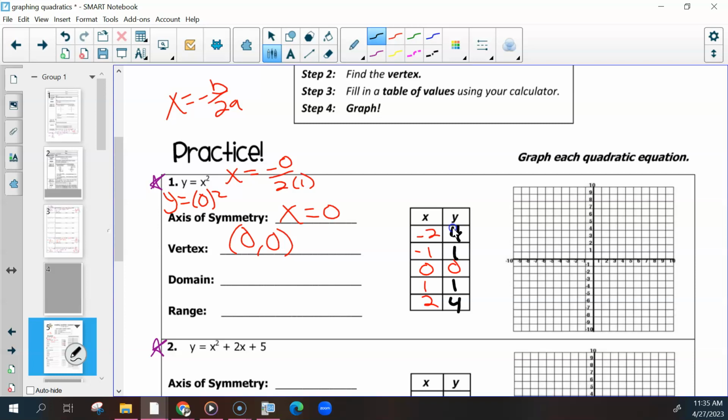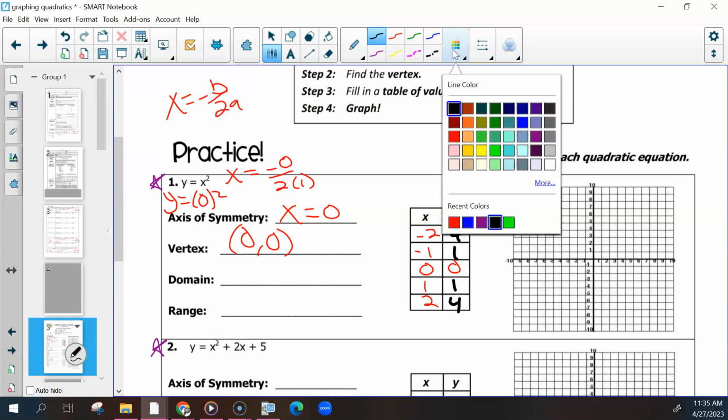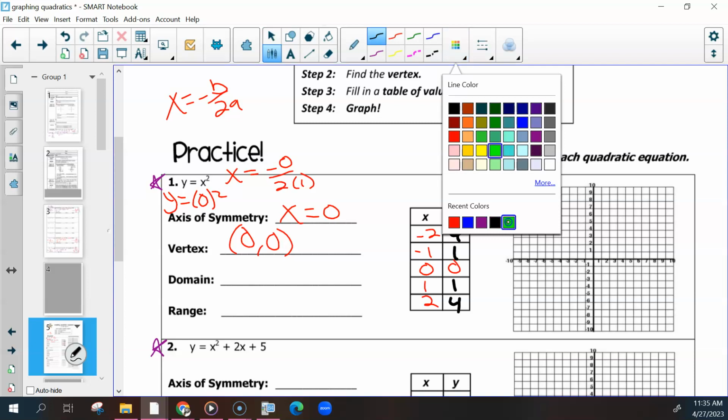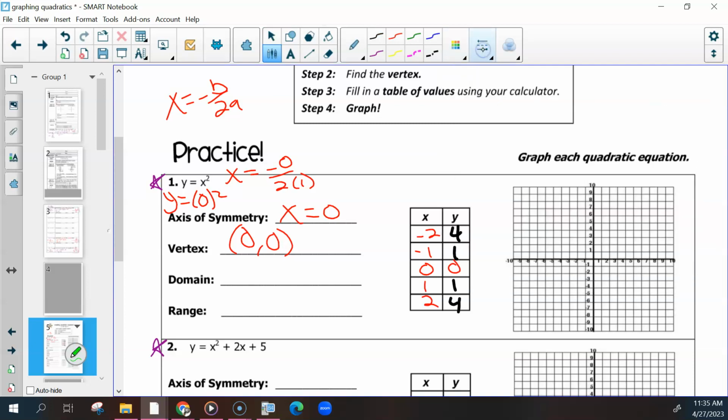Then we're going to use those 5 points and plot them on the graph. (-2, 4), (-1, 1), (0, 0), (1, 1), (2, 4).